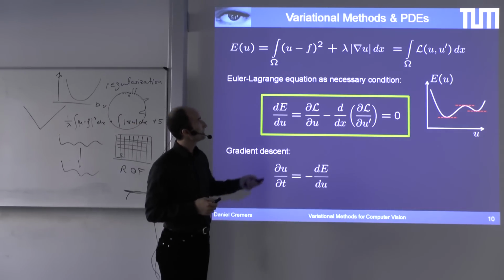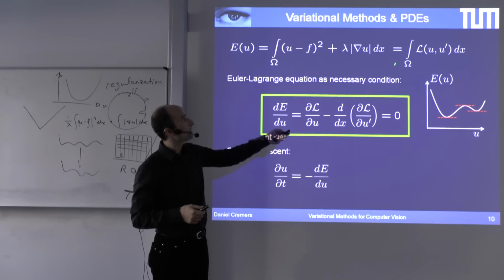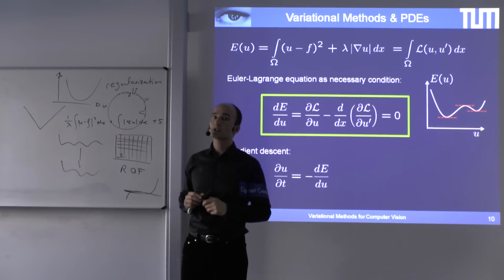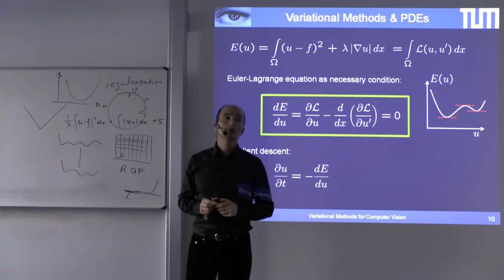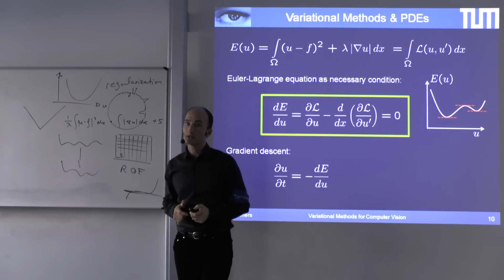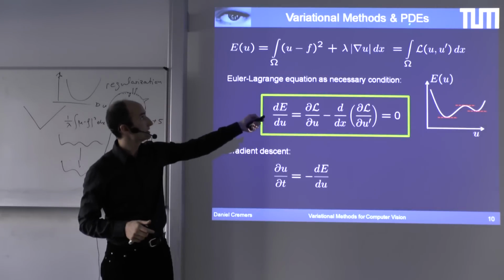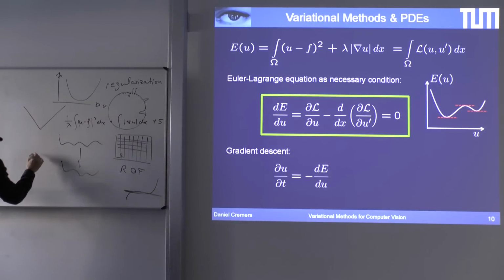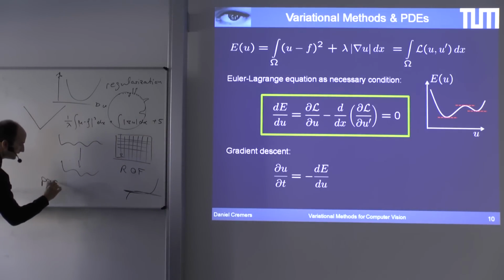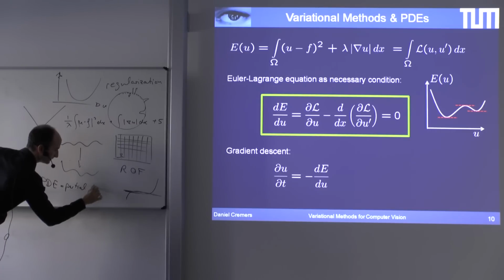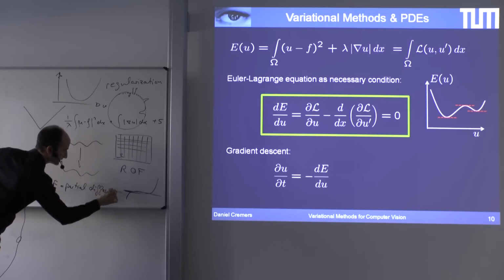And as a consequence, any researcher who says he does variational methods will invariably also deal with differential equations and partial differential equations. In English, it's abbreviated often as PDE. PDE stands for partial differential equation.